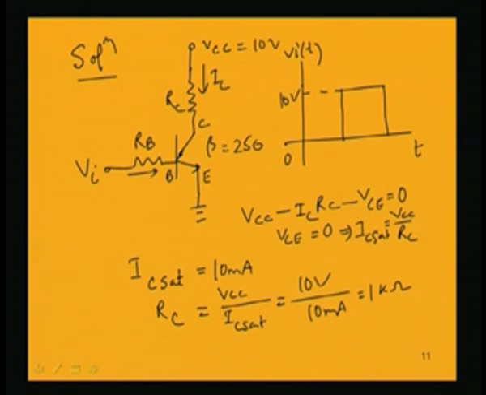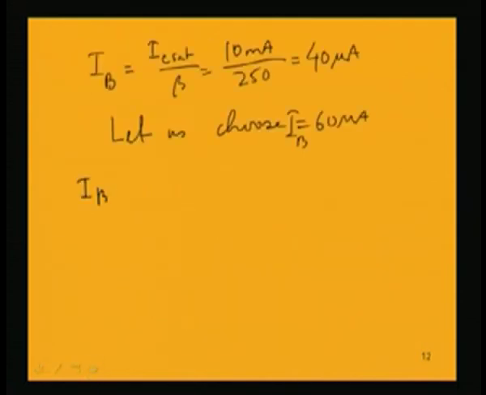Now, if I have chosen IB as 60 microampere, what will be the corresponding value of RB, that I can find out, because this is the IB in this circuit. What is IB from Kirchhoff's voltage law applied in this input circuit? VI minus VBE divided by RB, that is IB.